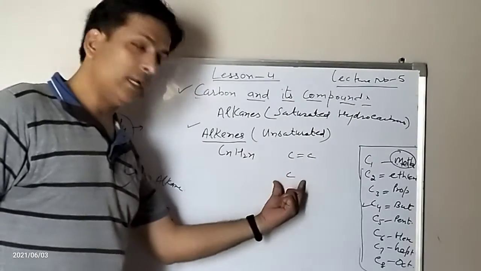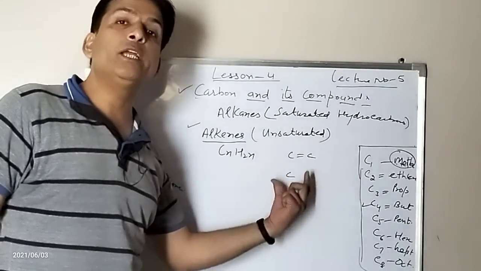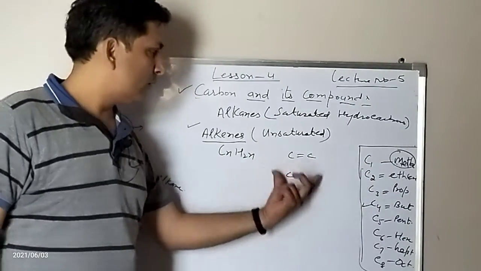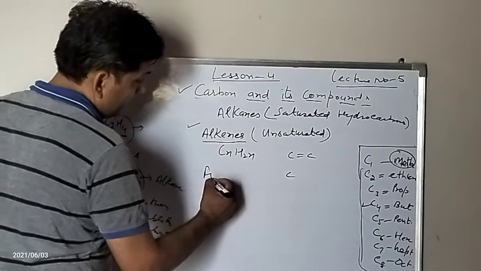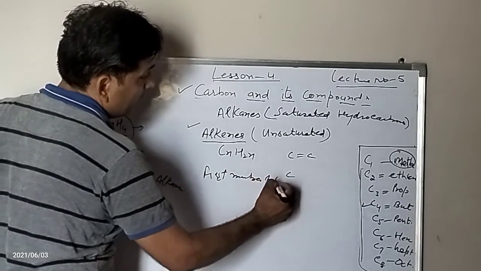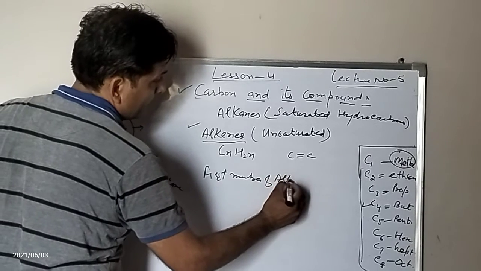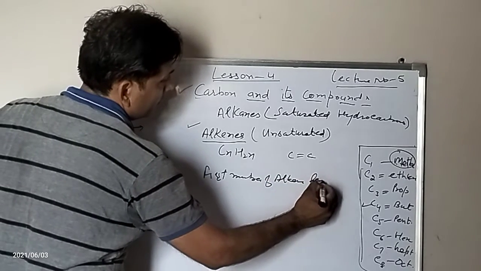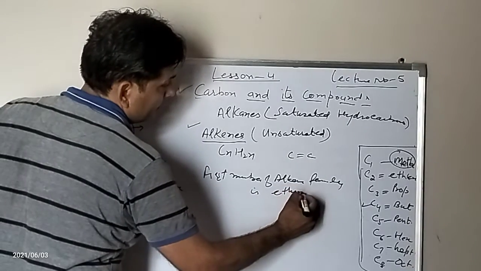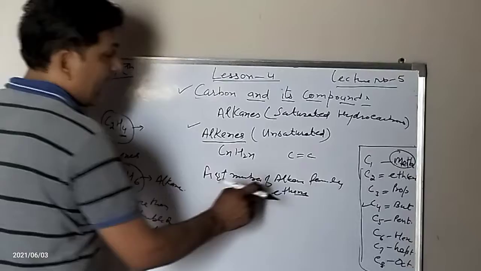If there is only one carbon atom, how can it make two bonds with another carbon atom? Therefore, the first member of the alkene family is ethene. Here we add "ene".